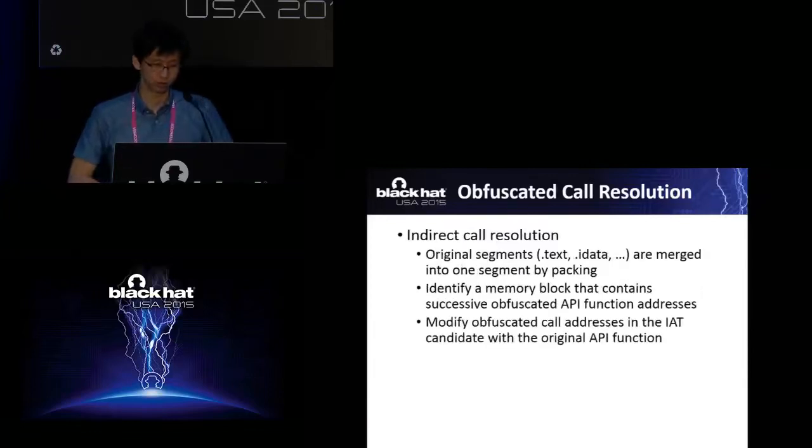And regarding indirect calls, because the original segments .text and .idata, which contains the import address table, are merged into one segment when the binary is packed, we need to identify a memory block that contains successive obfuscated API function addresses.